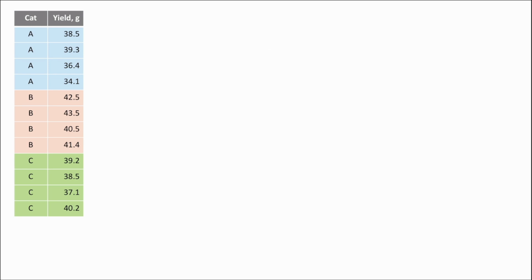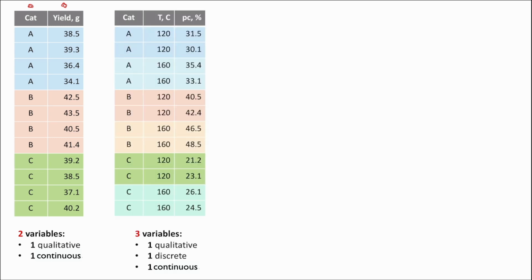And that's exactly tabular data because you have a categorical variable here and the response here, right? So in this case, you have 2 variables, one qualitative, one continuous. For two-way ANOVA, or for n-way ANOVA, you may have more variables. So ANOVA already is a tool to deal with multivariate datasets. You already actually dealt with multivariate datasets, right? So for example, in this case, you can see it's qualitative, discrete, and continuous, right?